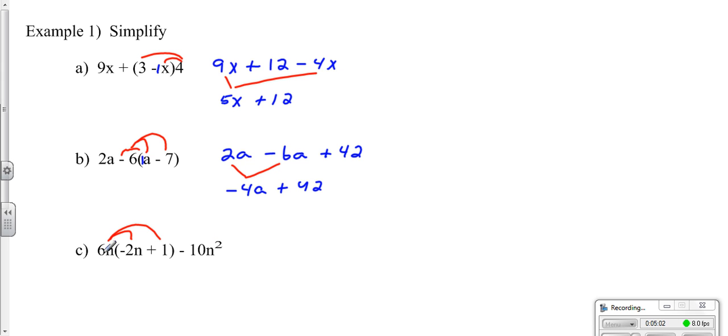So now we have a 6n times a negative 2n. So 6 and negative 2 gives us negative 12. N times n is n squared. So very important to understand that property. When we multiply variables together, if they're the same variable, the power changes. Then we have 6n times a positive 1. Well, that's nice.